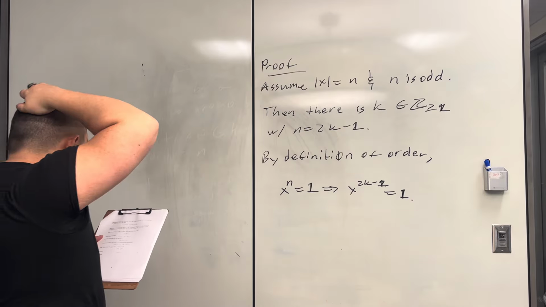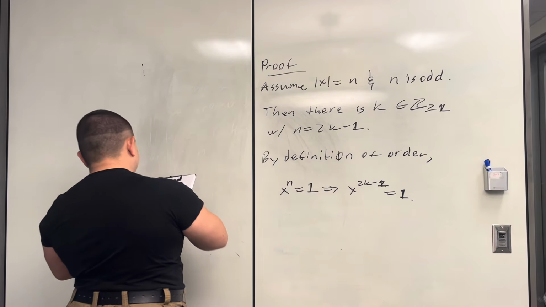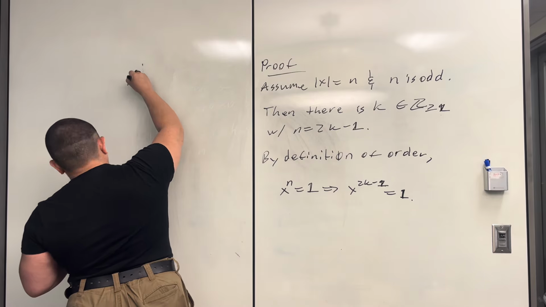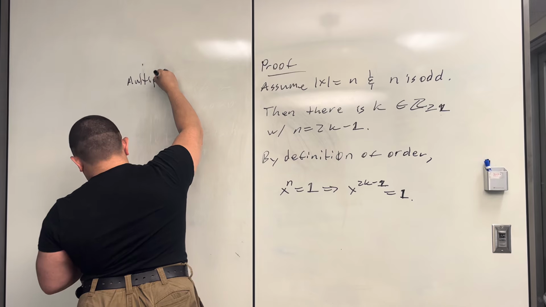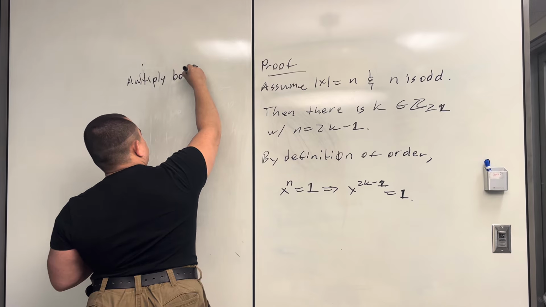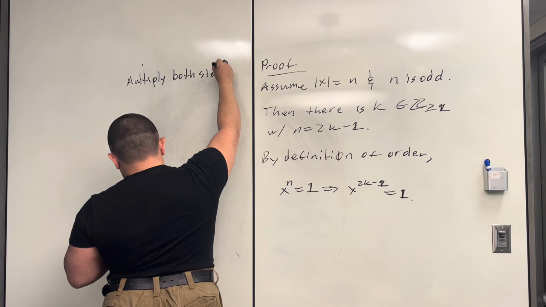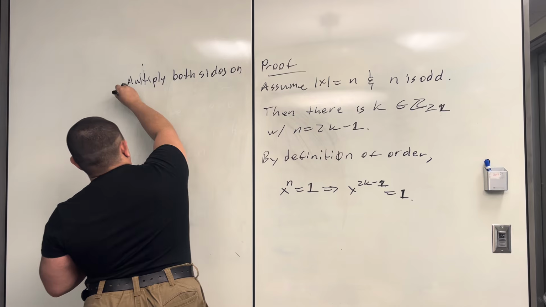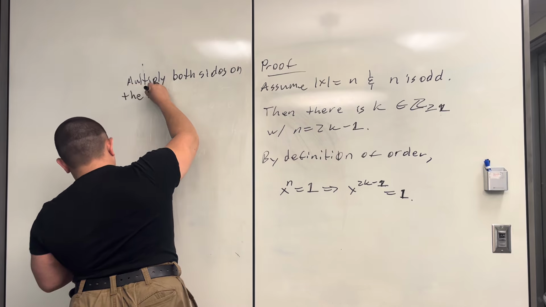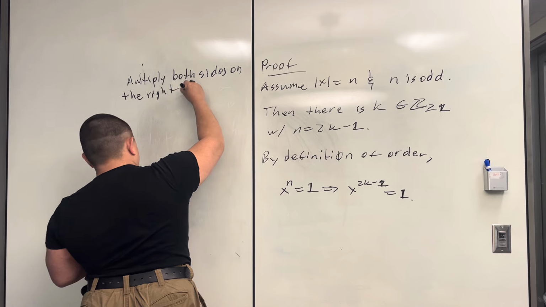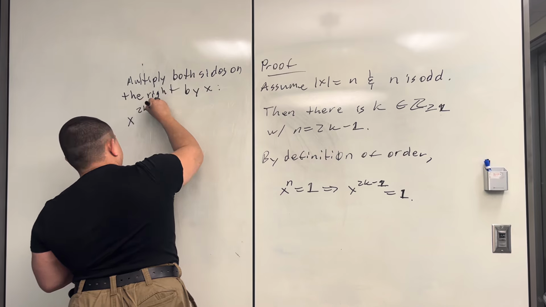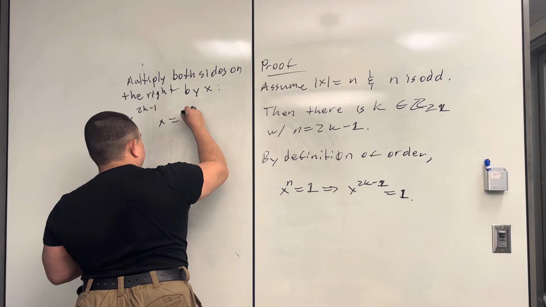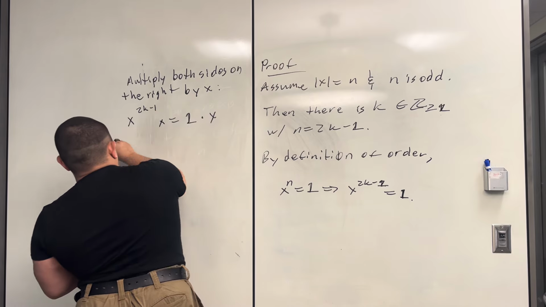So we have that that's equal to 1. Multiply both sides on the right by x. And what we get is x to the 2k minus 1 times x is equal to 1 times x.